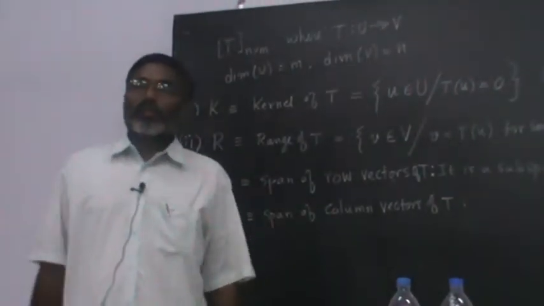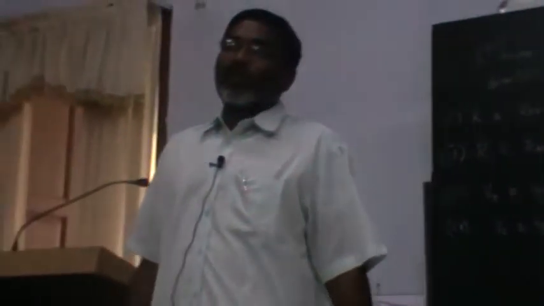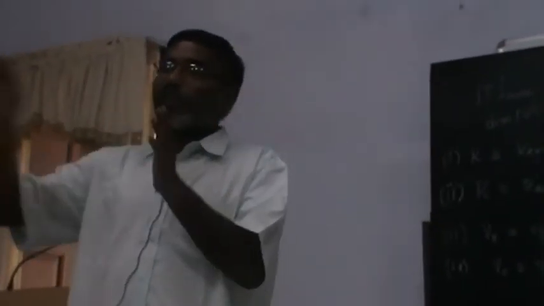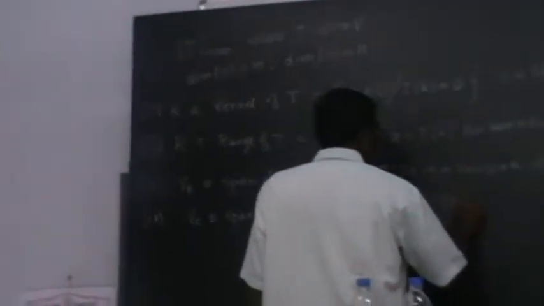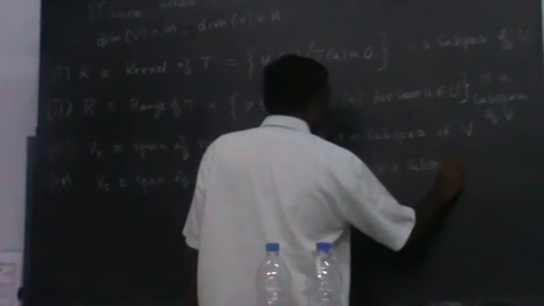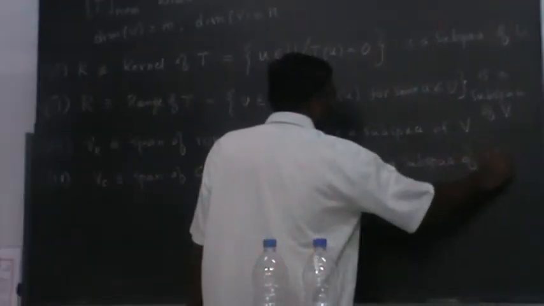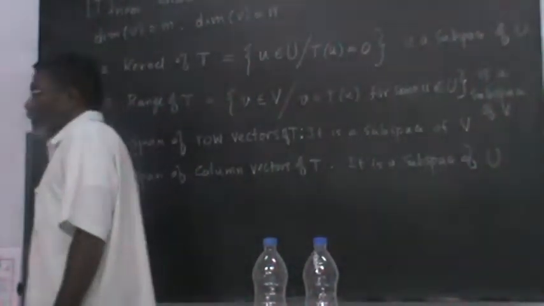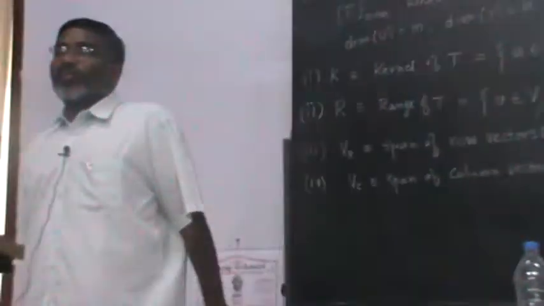So the maximum dimension of this vector space is equal to m. If all the columns are linearly independent, then you have dimension m. Otherwise, it will be less than m. So it is a subspace of U. So for every given linear transformation, you can define these four vector spaces.